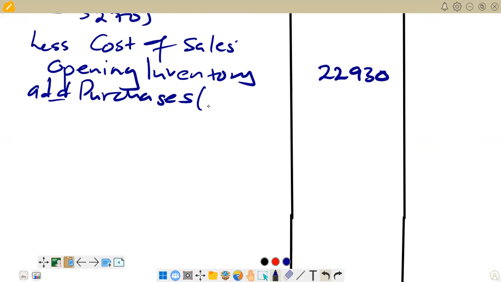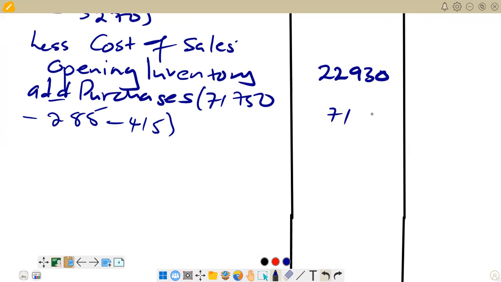We have the figure for purchases, 71,750, and then we subtract 285, and then we also subtract 415. If you calculate this correctly, you are going to get 71,050.